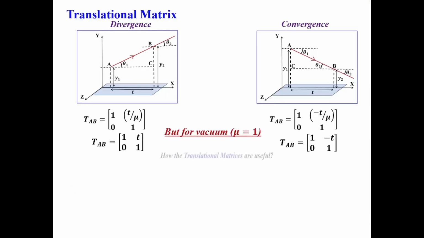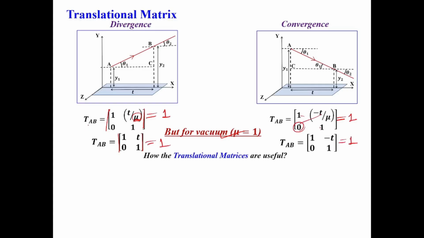In case of the translational matrix, what will the determinant be? Either you can consider it in general format, or by considering mu equal to 1, for a vacuum medium. What will the determinant value be? Here the determinant value is 1, here also 1, because this is 0, 1 into 1 minus this is 0, so the determinant is 1.